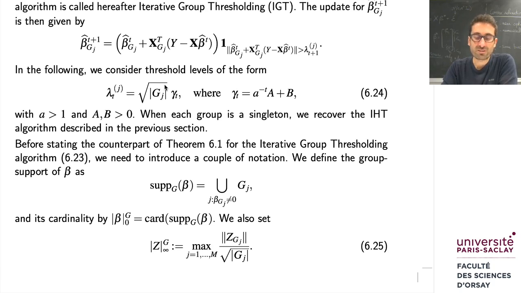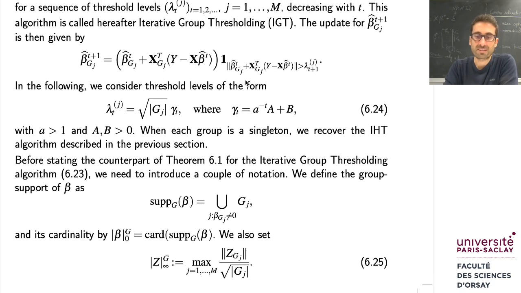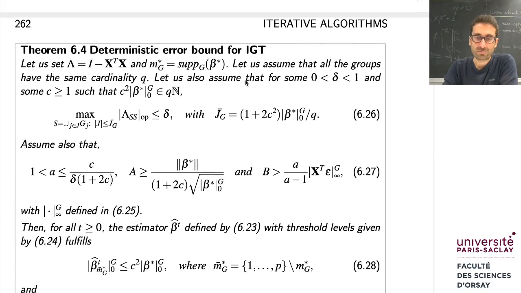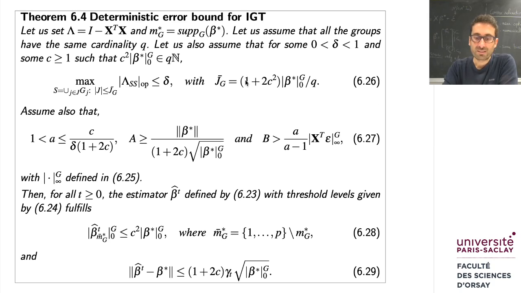With this notation, we can now analyze this iterative group thresholding algorithm, and we can look at the deterministic bound, which is, as you can see, really similar to the bound that we have for iterative hard thresholding. If you look at this bound, you see that there is an assumption.